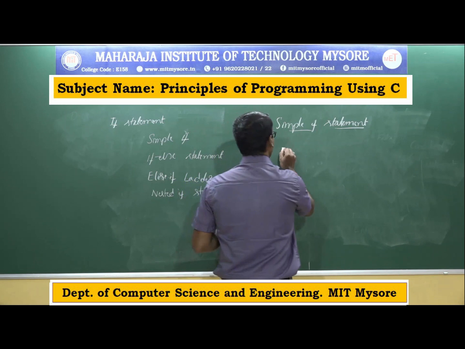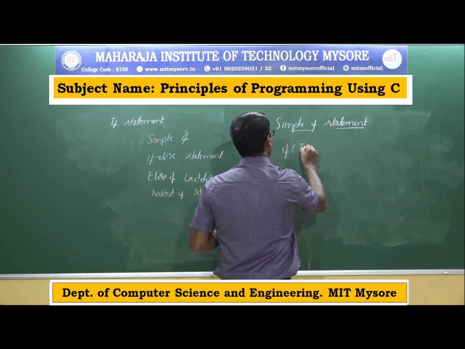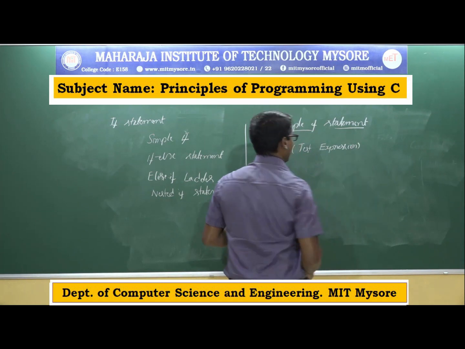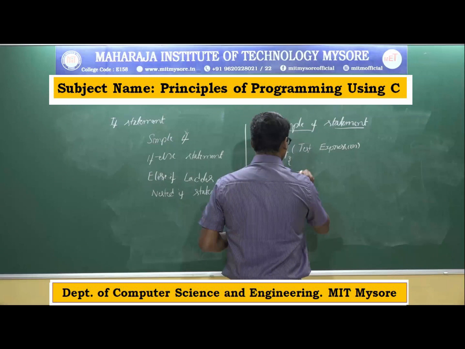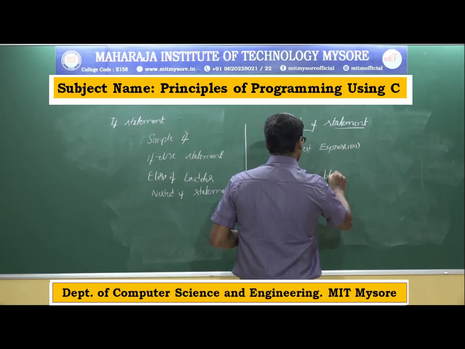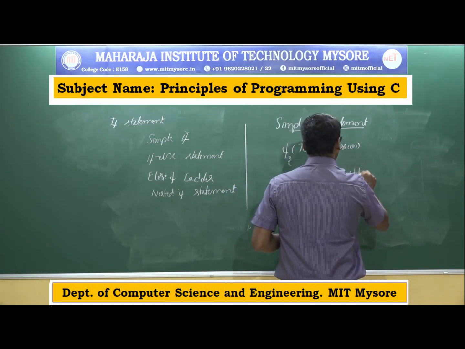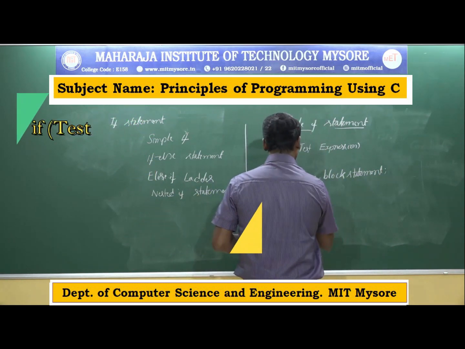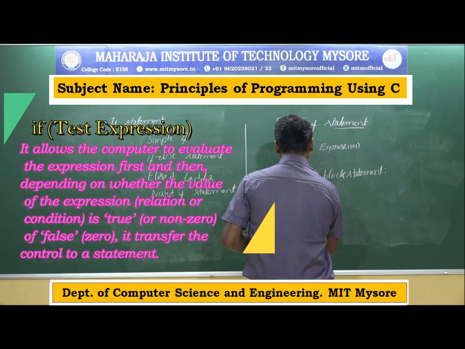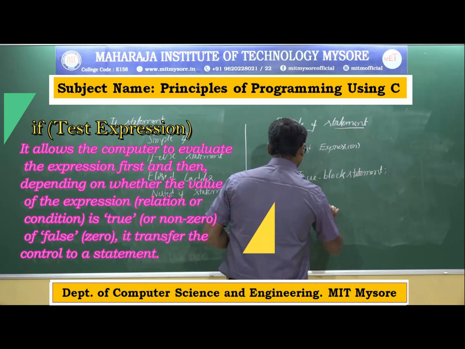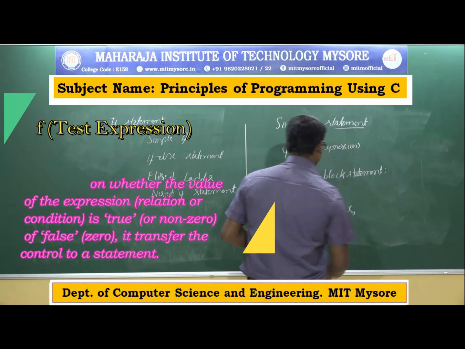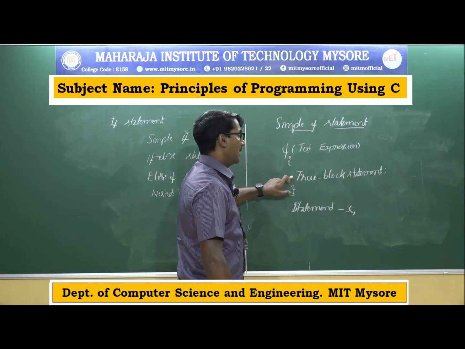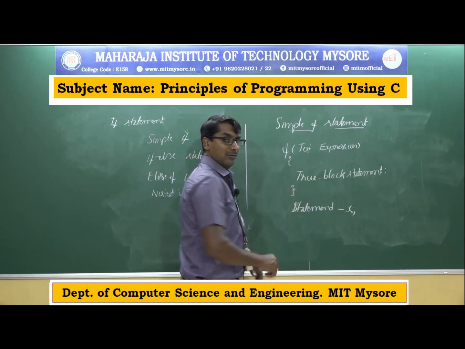The general syntax of the simple if statement is: if test expression, and if the condition is true, the true block statement will execute, then statement X. First the test expression will be evaluated. If it is true, the true block will be executed. If the condition is false, the statement will be skipped.